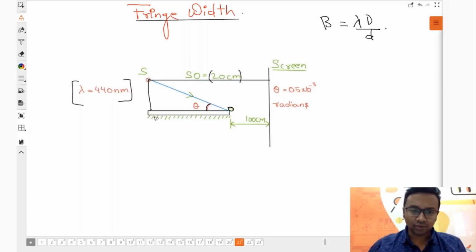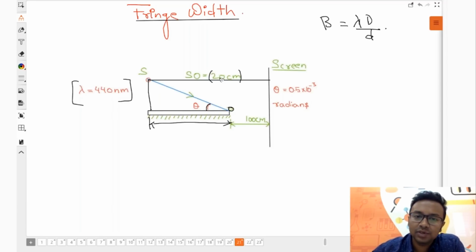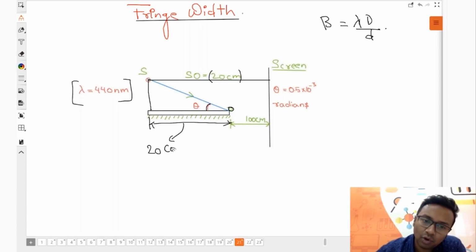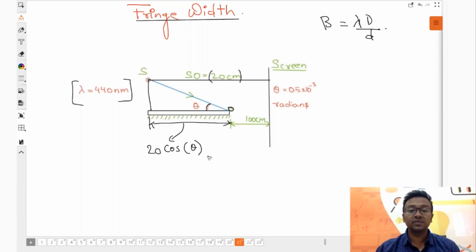So what is going to be this distance from here to here? This distance is simply going to be equal to 20 cos theta. Now students, if you observe, theta is a very small angle. For a very small angle, cos theta is going to be simply equal to 1.